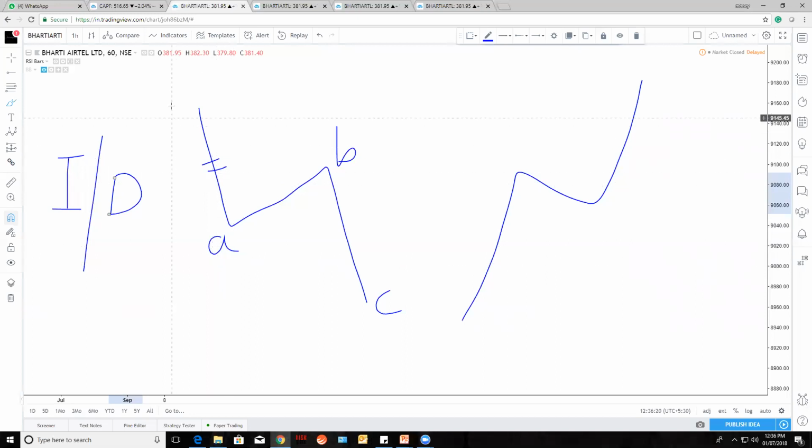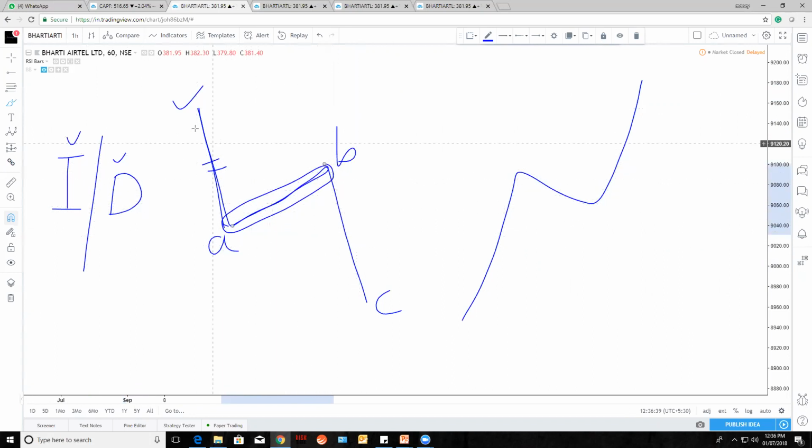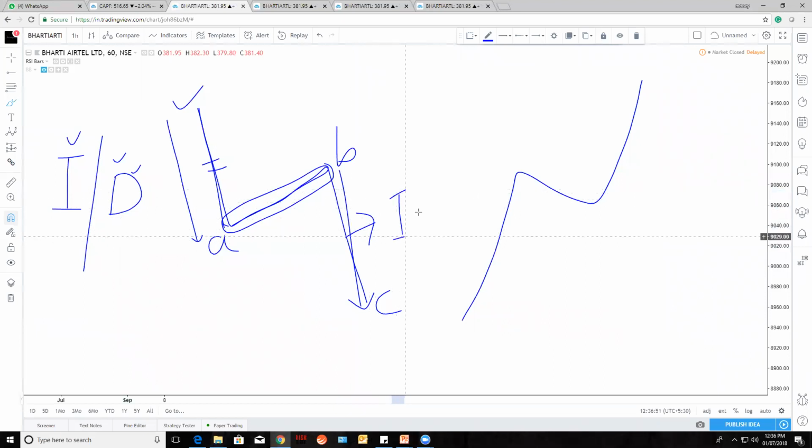Here also the same rule is applicable in zigzag correction. Wave B may be a flat correction, a zigzag correction, a triangle correction, or a combination. We will go through it. Firstly, just understand wave A can be an impulse or a diagonal. And wave C, from B to C, can be impulsive or else a diagonal.